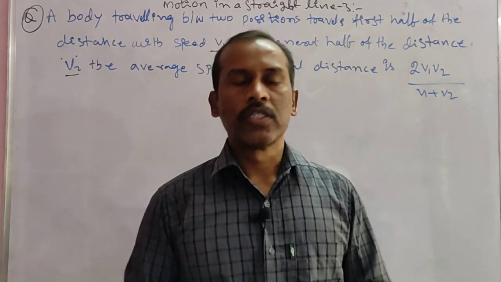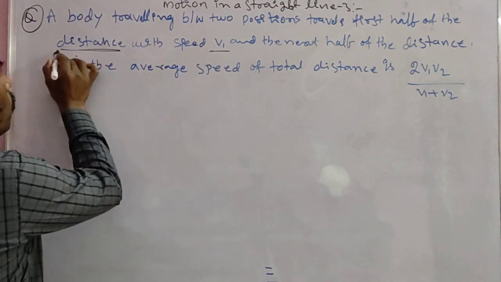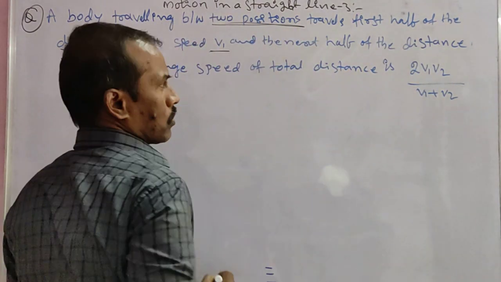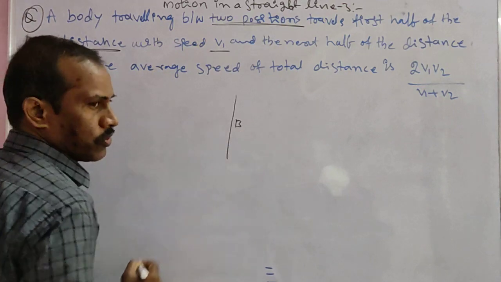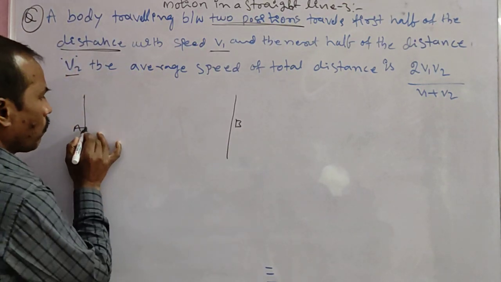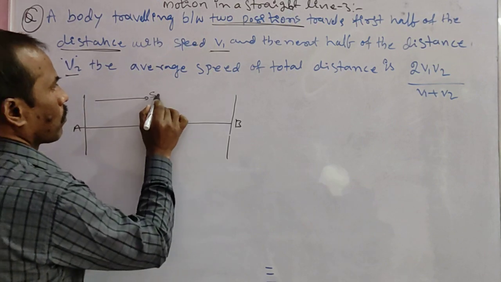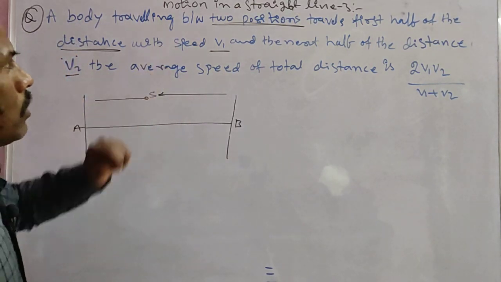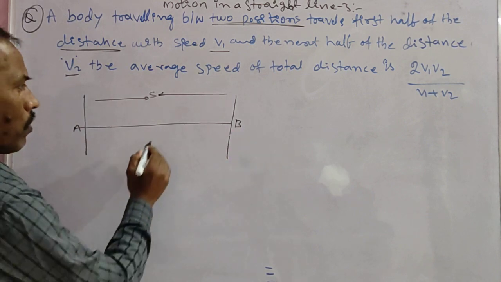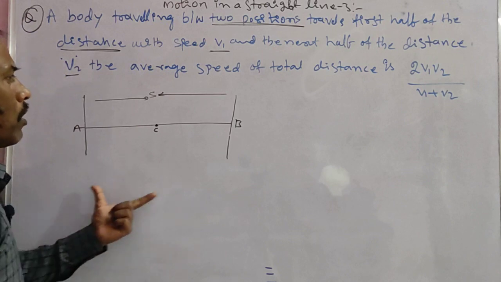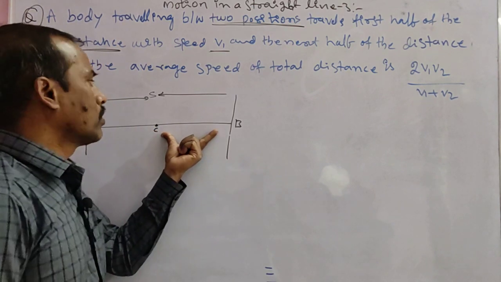First of all, in this problem there are two positions, A and B. The total distance between these two positions is, for example, S. The first half of the distance is traveled with speed v1, up to the midpoint C of AB. So AC is half of the distance, and the remaining half is CB.